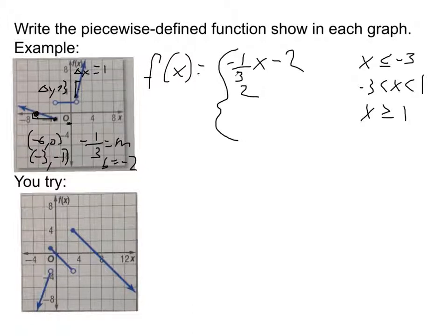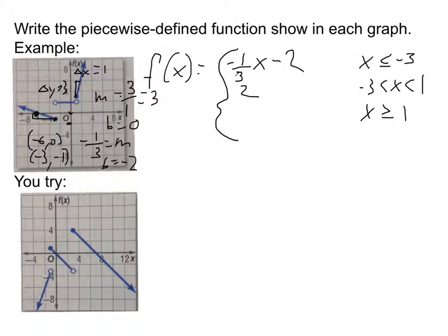So it's up 3 over 1, so m equals 3 over 1, which is just 3. If I keep going, that was up 3 to the right 1. If I go down 3, left 1, I'm going to hit right there at 0. So b for this one is equal to 0.